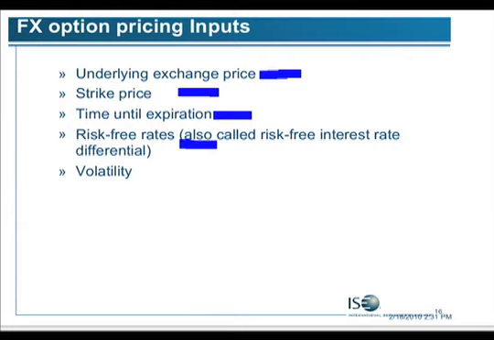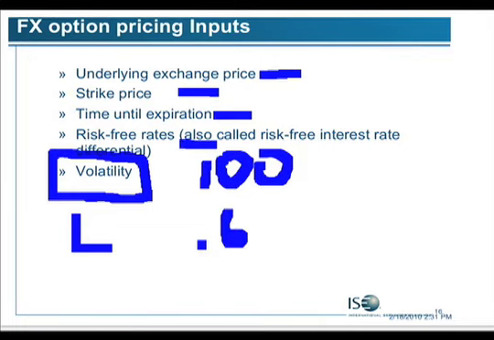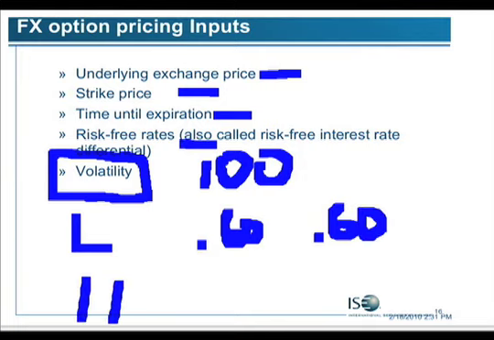Because if you think about it, if I had very, very low volatility, I'm just going to put L, low. I might look at, let's say, the asset trading at 100, parity. I might see that 1 month options might actually be 60 cents for the call and 60 cents for the put. And then I'm going to have another row, high, and then it might be $1.60 for the call, $1.60 for the put.